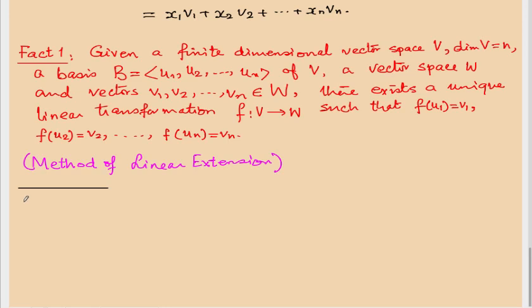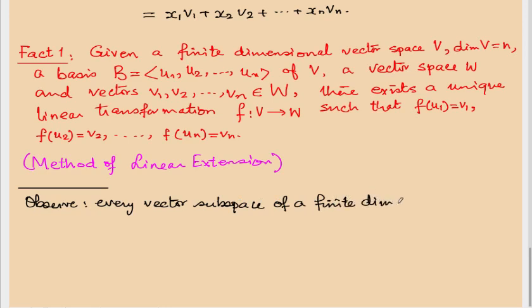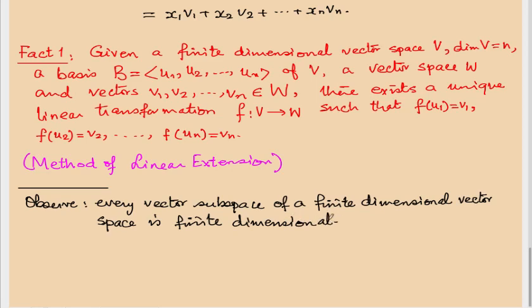So let's make this observation: every subspace of a finite dimensional vector space is finite dimensional. Okay.